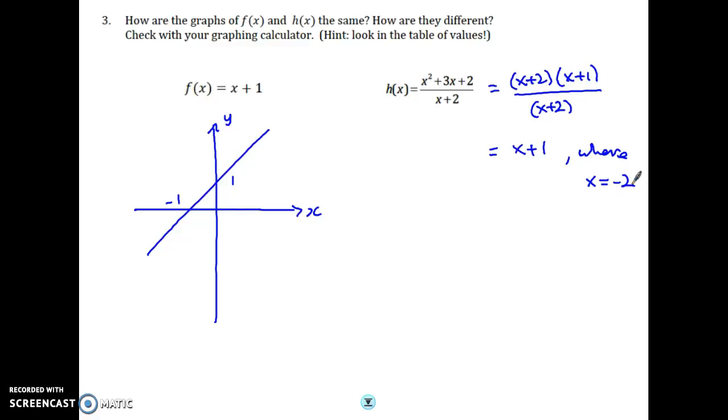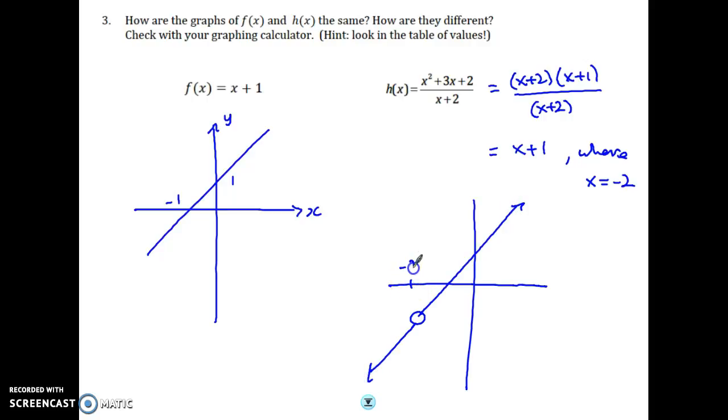So how do we visually represent that? Well, the manner in which we do that is with something that we refer to as a hole. And the location of that hole, well, we know that the hole must be located at an x value of -2. How do we establish what the corresponding y-coordinate is for that discontinuity, for that hole? Well, the way that we do that is we use the equation y equals x plus 1, and we imagine what happens if we made x equal to -2.